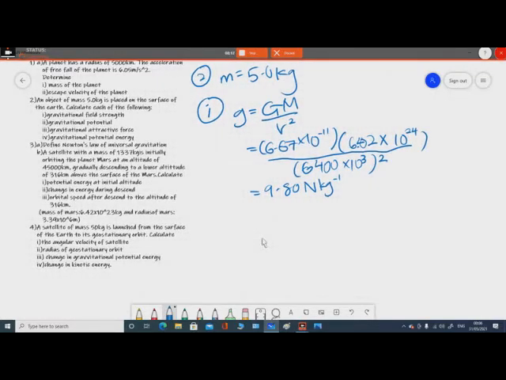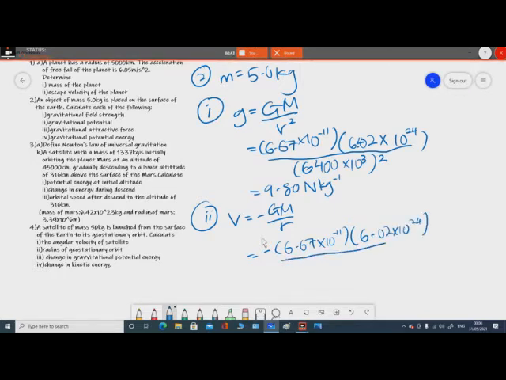So our second part will be the gravitational potential. This one will be negative GM over R. So this is 6.67 times 10 to the power negative 11, the mass is 6.02 times 10 to the power 24, over 6,400 times 10 to the power of 3.